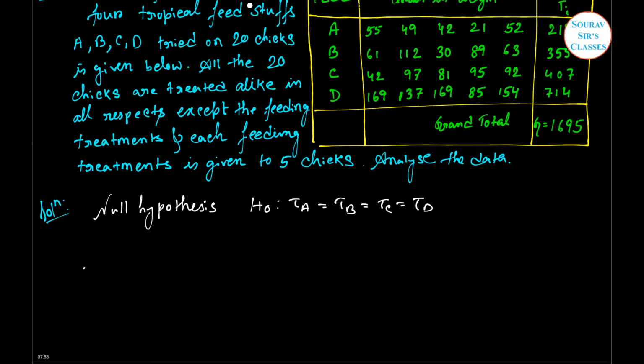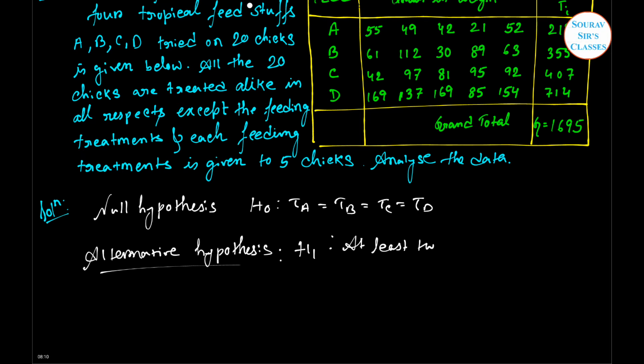Now the alternative hypothesis H1: at least 2 of the taus are different.